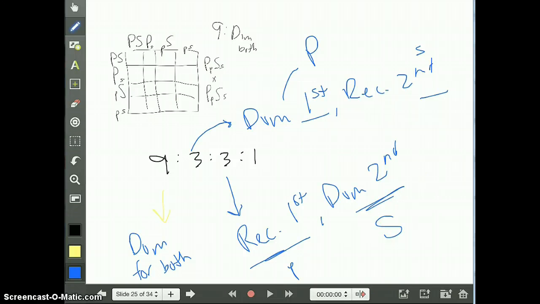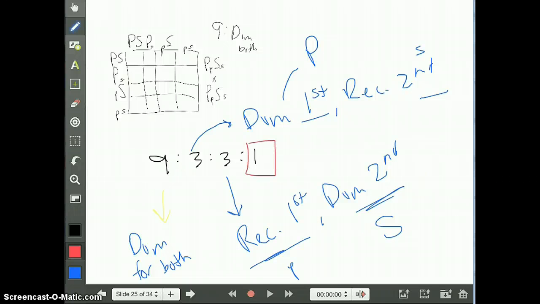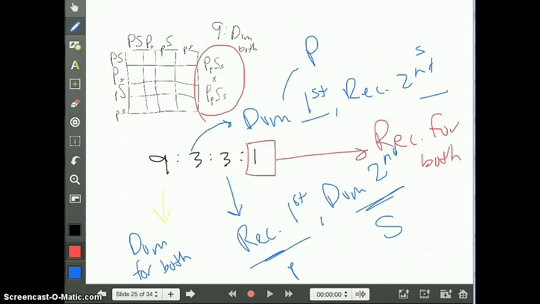And I'm only going to have one lonely old soul that's going to be recessive for both. Okay, that's our 9 to 3 to 3 to 1 ratio. That's what we're going to see when we cross organisms that are heterozygous for both traits.